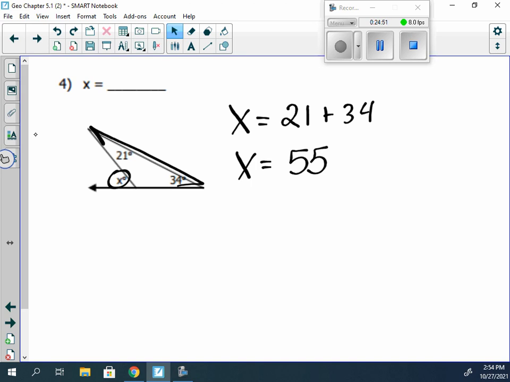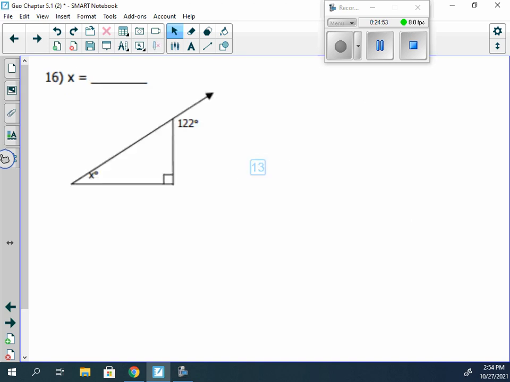Questions on this here? Yes. Because according to the theorem, the exterior angle, which is 122, is equal to the sum of the opposite two interior angles. Well, one of those interior angles is x, and the other is?